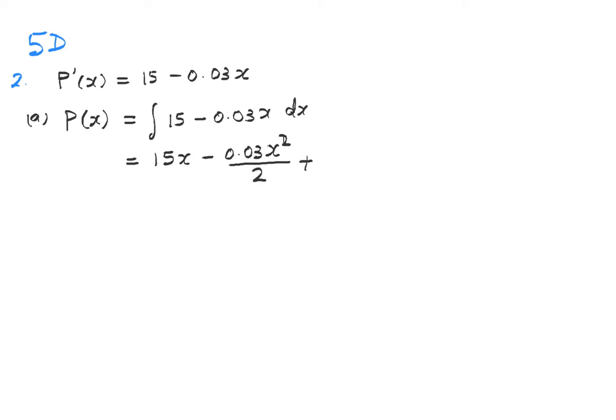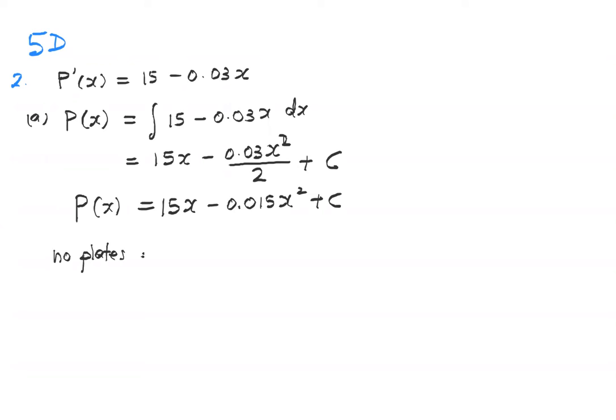Plus C. So I have my profit function as this. Now I have to find a way to get the C. Am I right? So if no plates, no plate means x equals 0. No plates are made, then the profit will be negative because of the word loss.